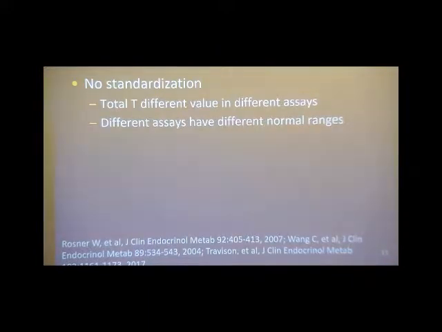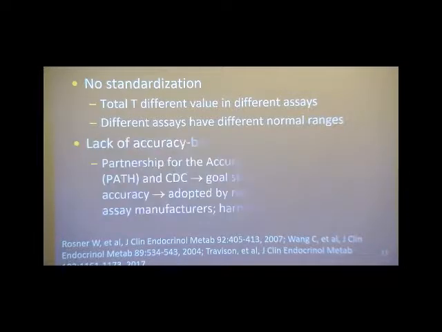There's also extreme variability as a result, I think, because of the way that laboratories have done quality control of their assays, which is based on reproducibility. So as long as you're reproducibly getting the same number using the same assay, you pass the quality control test. And as a result, you get all these different values for different assays, and different assays with different normal ranges.